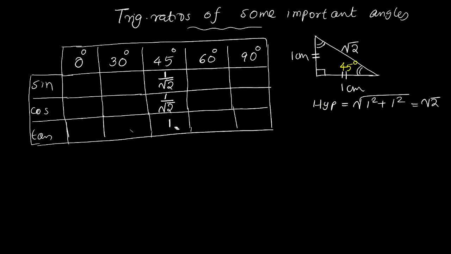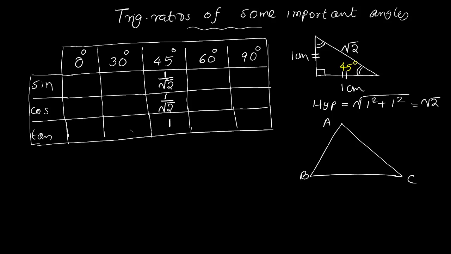So the next is, what about 30 degree and 60 degree? Can you draw a triangle with the angles 30 and 60? I will show you. Let me draw an equilateral triangle. I want a 30 degree right angle triangle.